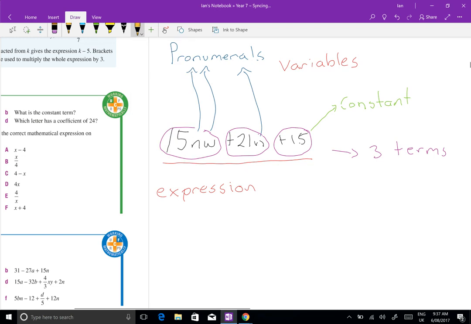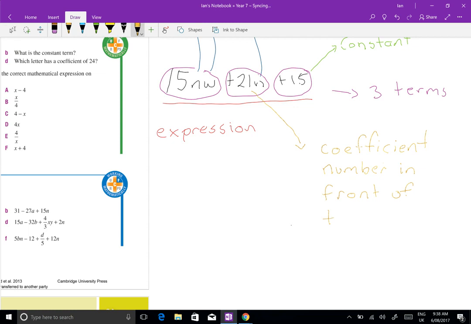And the coefficient is the number in front of the pronumeral.